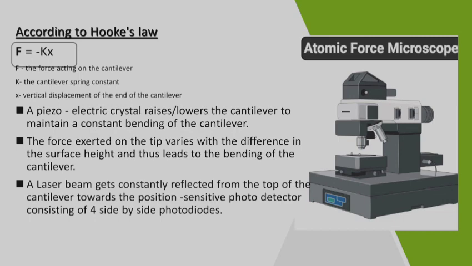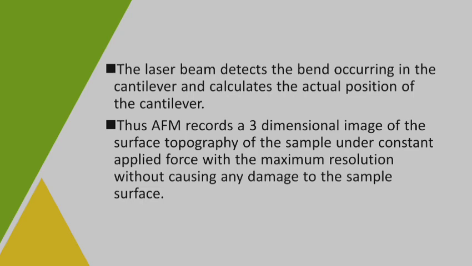Here you can see the simple atomic force microscope. It is the laser beam reflecting from the surface of the cantilever which detects the bend occurring in the cantilever, and it calculates the position of the cantilever.